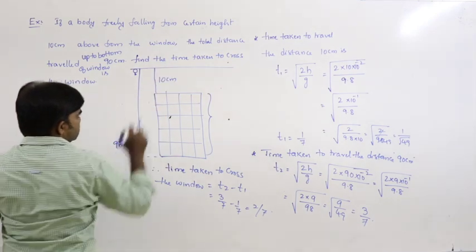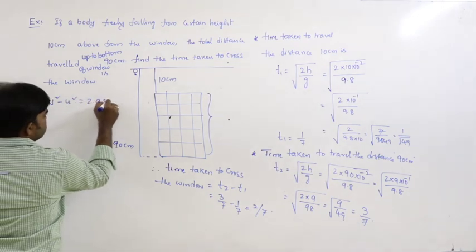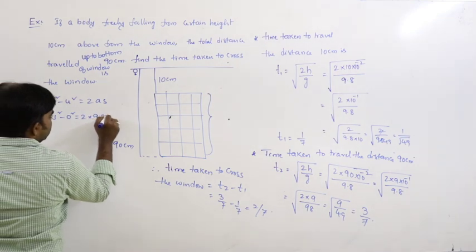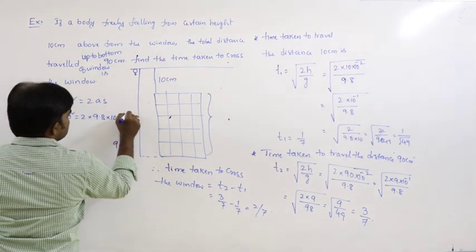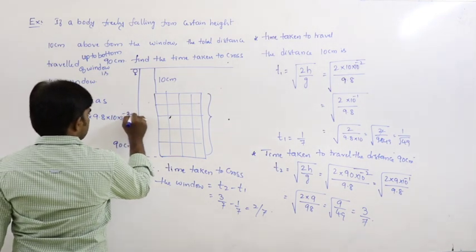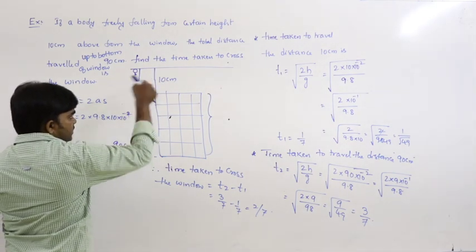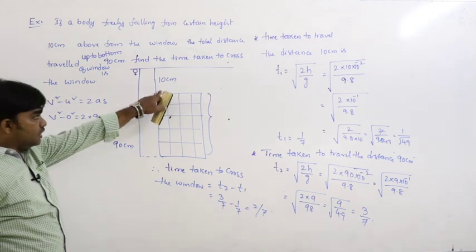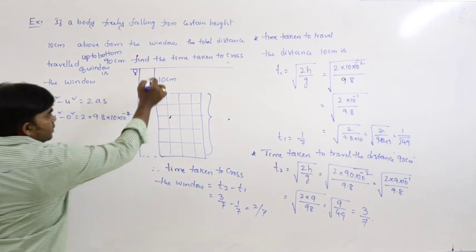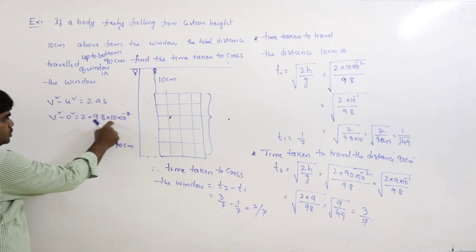After traveling through the distance, the velocity, from the equation v square minus u square equals 2as, v square minus 0 square is 2 into g, 9.8, s is 10 into 10 power minus 2. What is the velocity on reaching the 10 centimeters distance? V square minus u square equals 2as. Here the body is freely falling, that's why initial velocity is 0. V square equals 2gh.